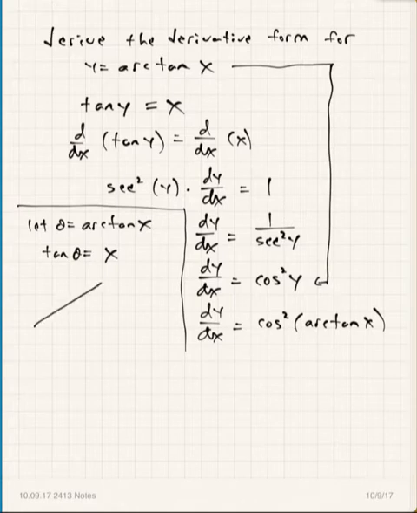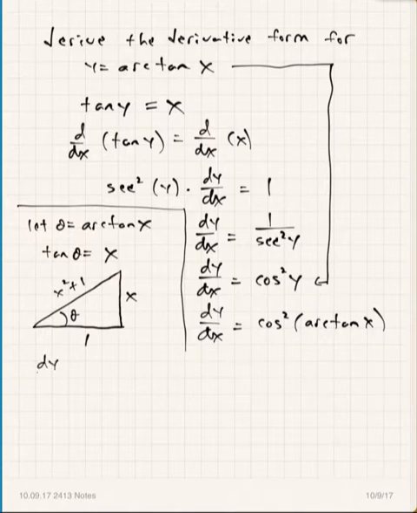And using our little right triangle scheme here, if this is theta, we know that tangent is defined to be opposite over adjacent, so this would be x and 1, and the hypotenuse then would become the square root of x squared plus 1, like that. And now what are we trying to do here? We're trying to find the cosine, right? You've got the cosine of the arctangent of x. Arctangent of x is equal to theta, so this is cosine squared of theta that we're trying to look at here.